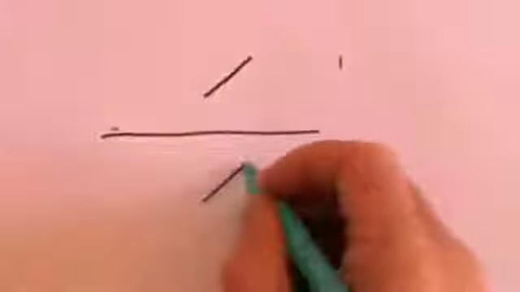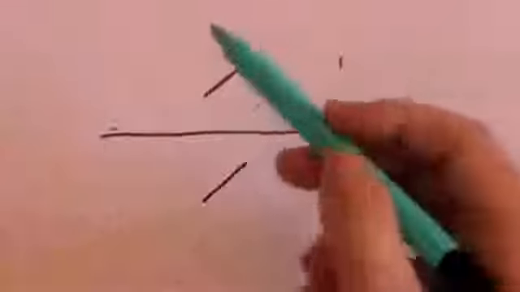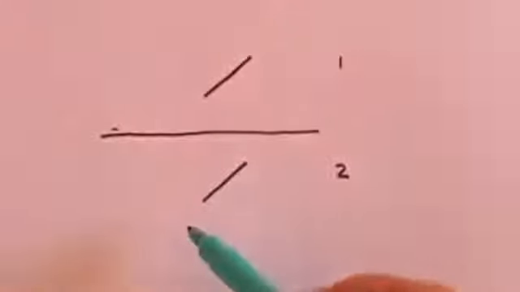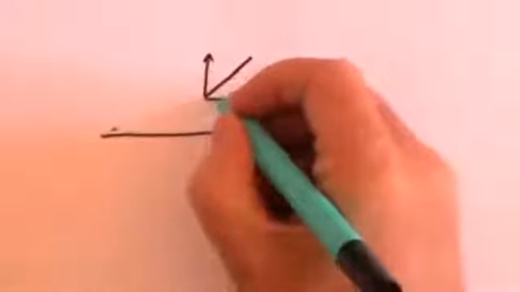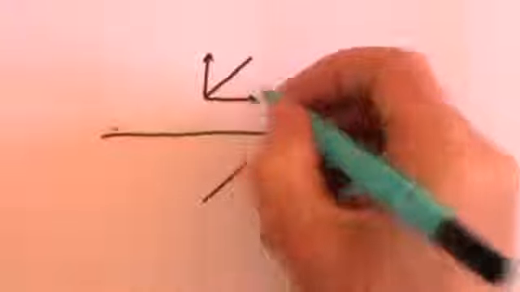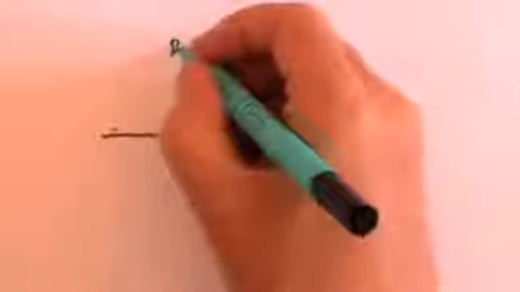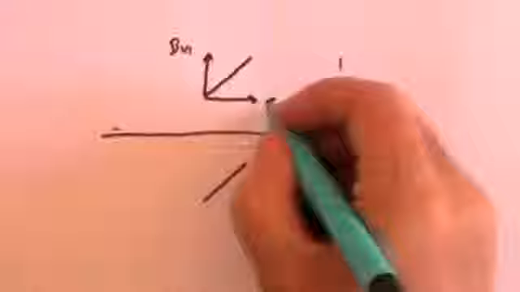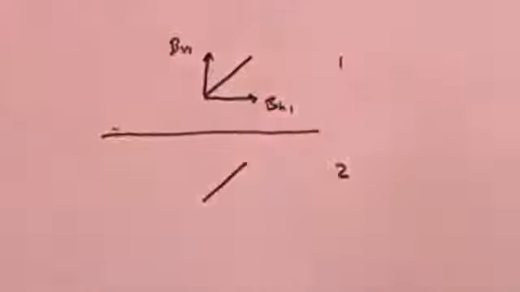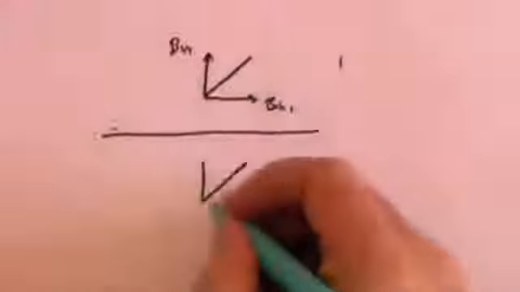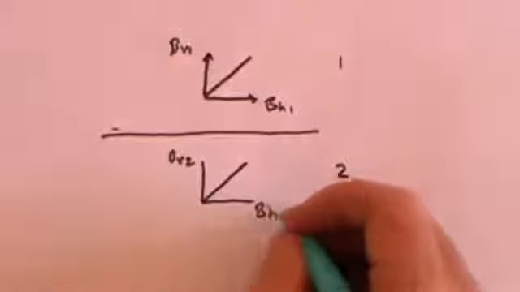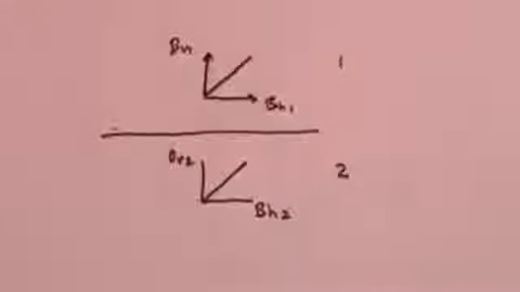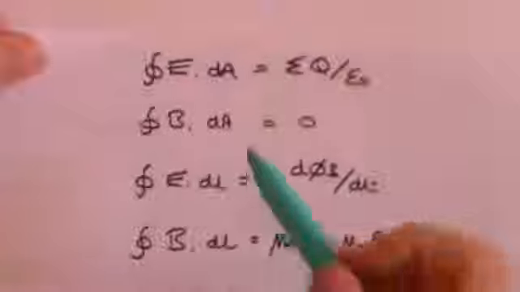So let's say that those are the B fields of the wave that is moving from medium 1 to medium 2, and they can be split into their coordinate parts, BV1, the vertical component, and the horizontal component in medium 1, and the vertical component BV2 and the horizontal component BH2 in medium 2. And the Maxwell equation that we're using is the second.